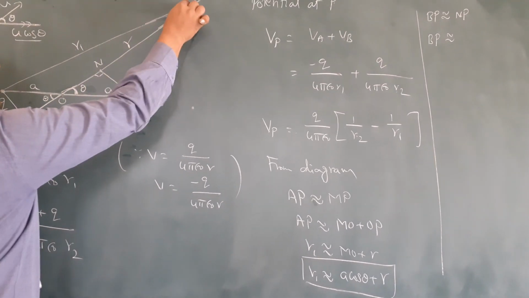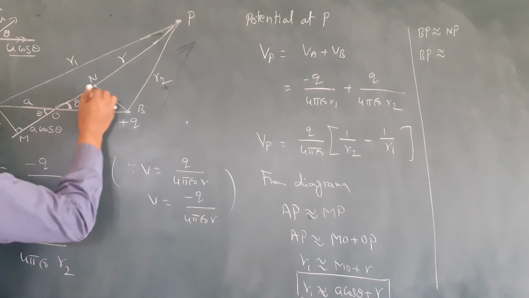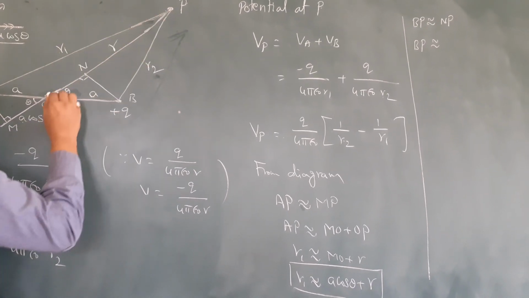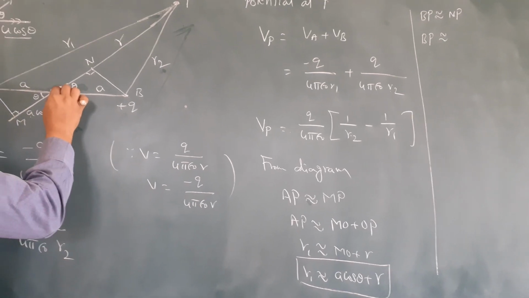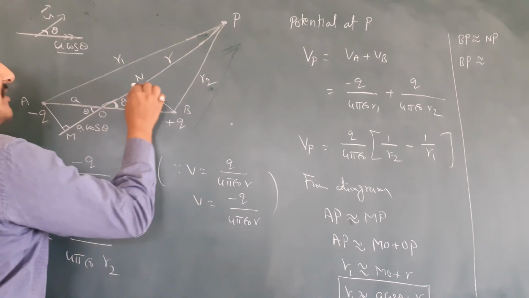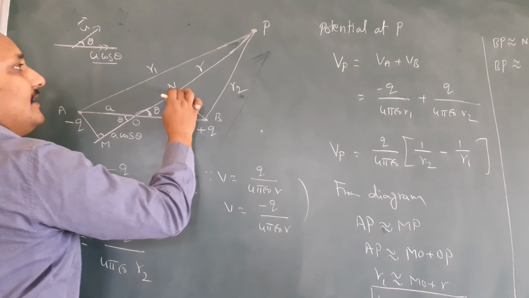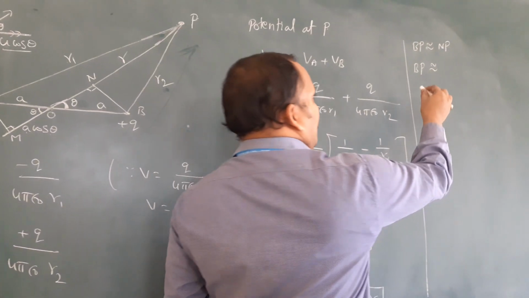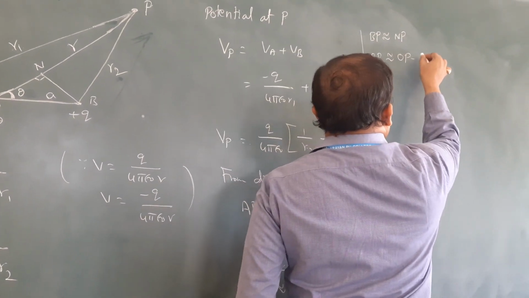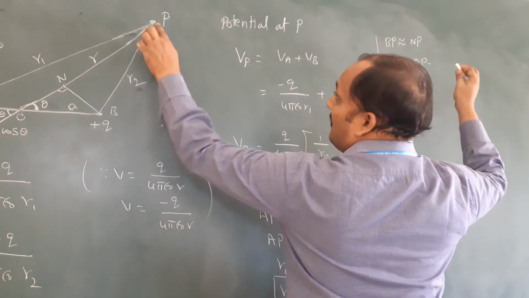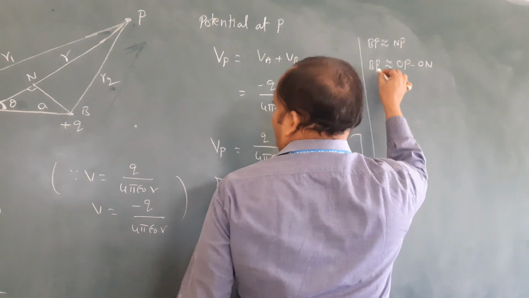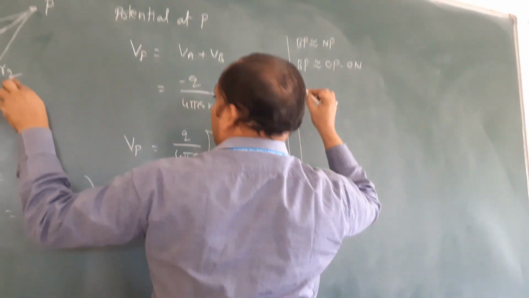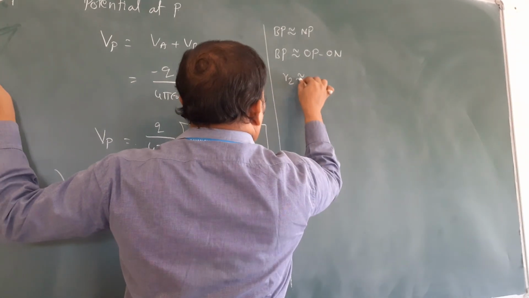OP. OP minus ON gives NP. Isn't it? Check the diagram once. OP minus ON gives the NP. Therefore BP, which is B to P, is nothing but r2.